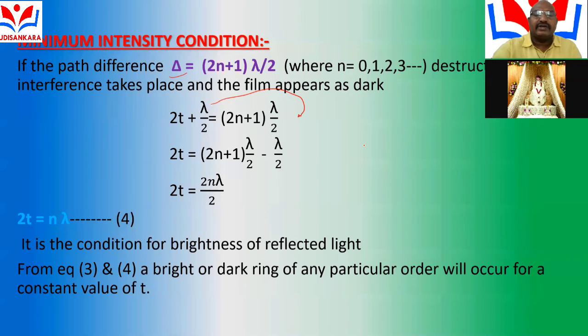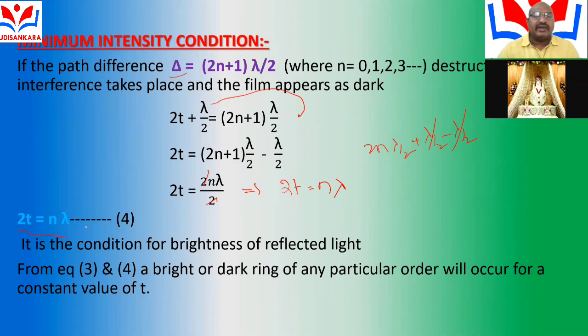On simplification, the lambda by 2 terms cancel. That implies 2t is equal to n lambda. This is the condition for darkness of reflected light.